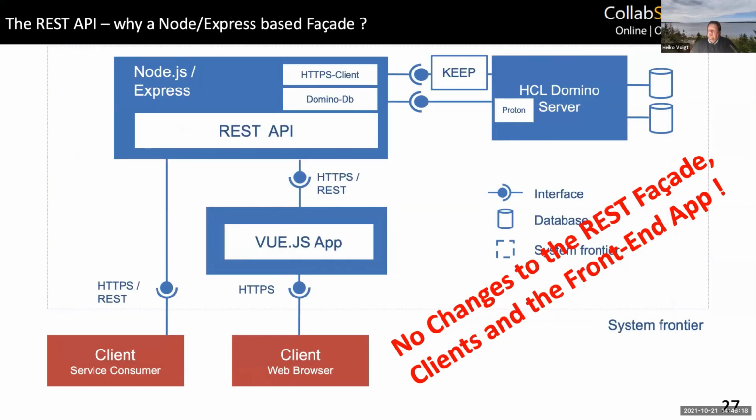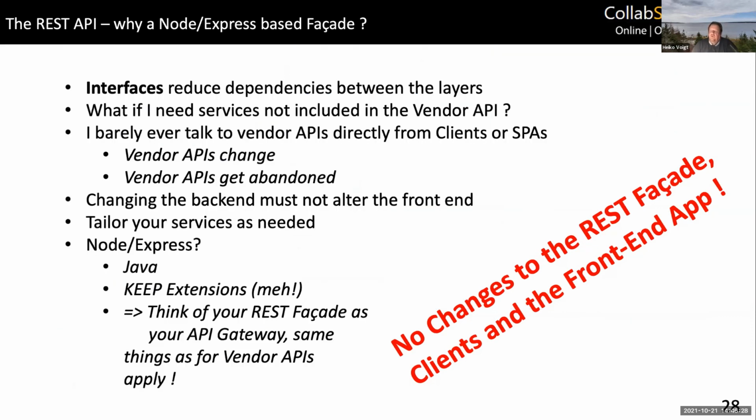So the good thing is, why a Node Express-based facade? There's another question, why would we build that? Well, because if you have to traverse from one API to the other, API calls tend to change, right? And what I like to do is build interfaces. Interfaces reduce your dependencies between the layers of your application.